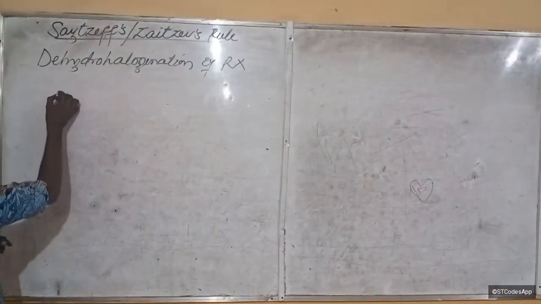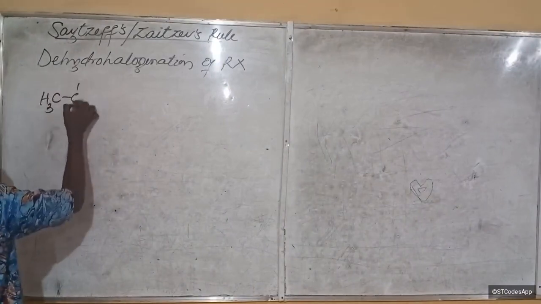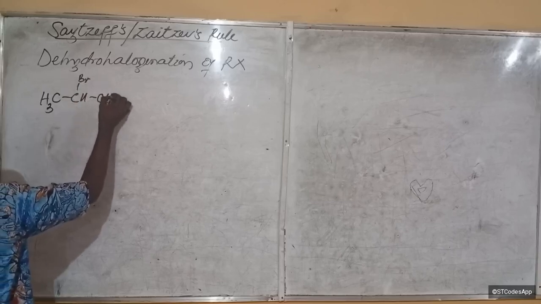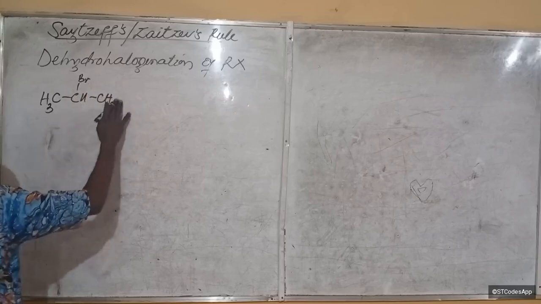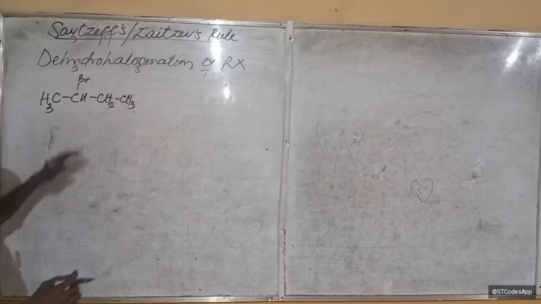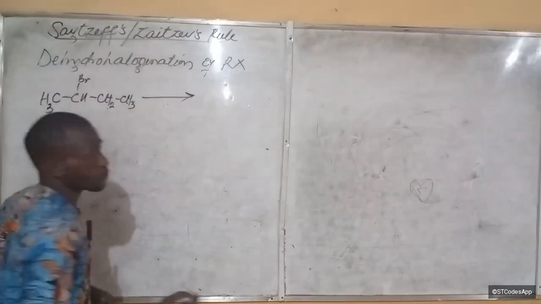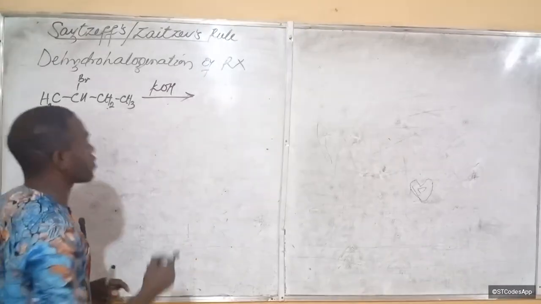Now let me put this in an equation so that you will understand well. For example, if I have this compound, I put my Br here, CH3, CH2, CH3. Look at this now. We want to dehydrohalogenate. Keep in mind that this process takes place in a basic medium.